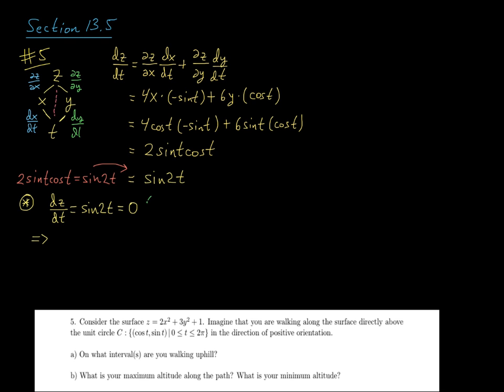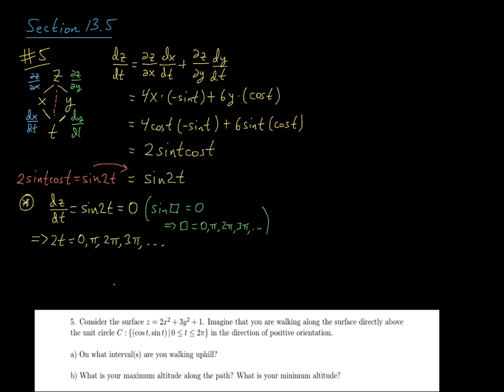And here, just recall, if the sine of anything is 0, that happens when that input is equal to any integer multiple of pi. So say 0, pi, 2 pi, 3 pi, and so on and so forth. So if I'm taking the sine of 2t, and that's equal to 0, that implies that 2t, the input for the sine, is equal to 0, pi, 2 pi, 3 pi, and so on.